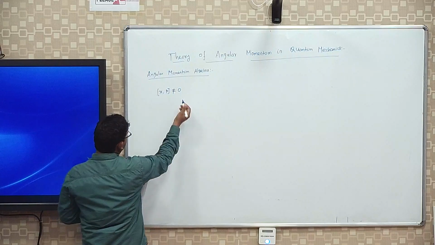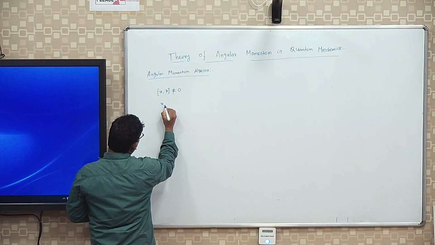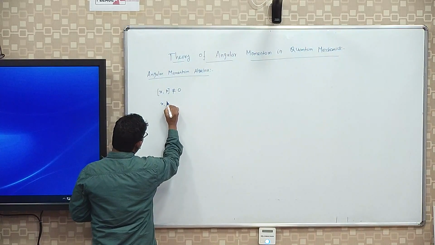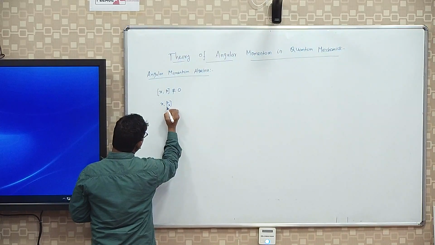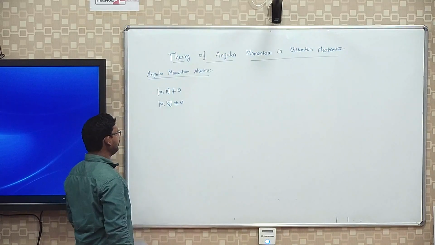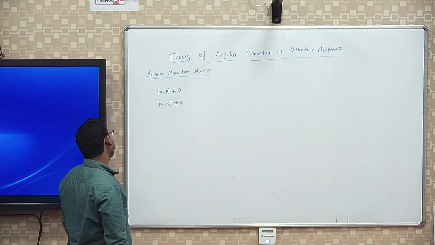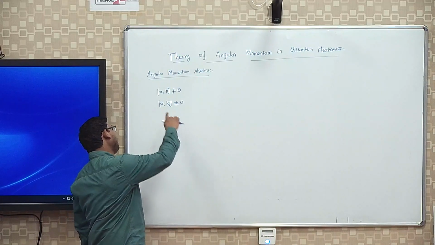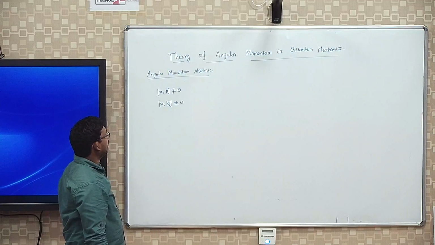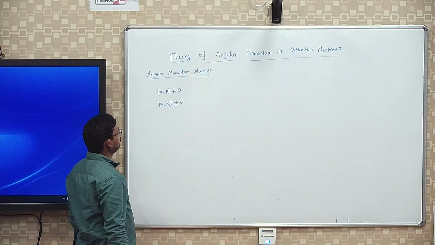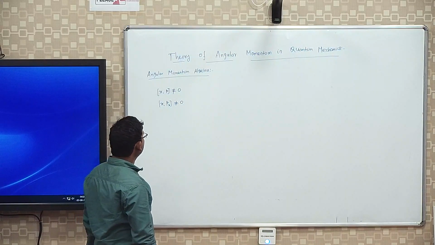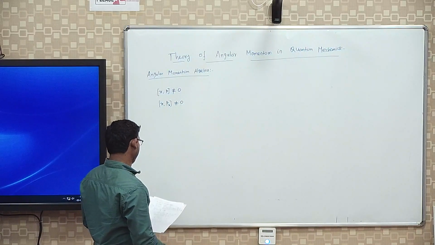More precisely, the position of the particle in x direction and the momentum of the particle in the same component do not commute with each other. That means the position and momentum along x direction cannot be determined precisely.